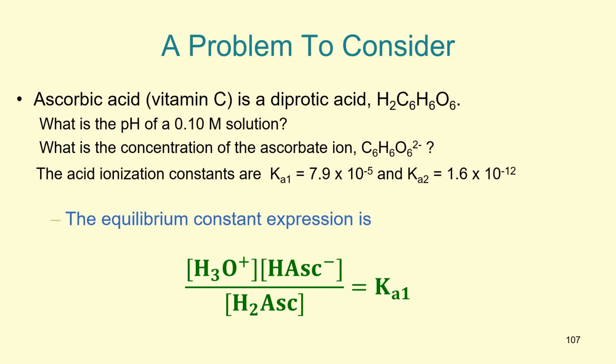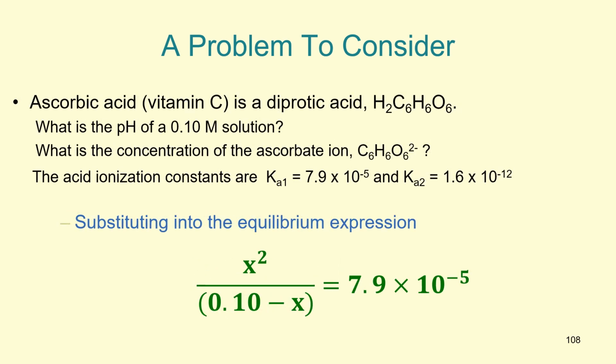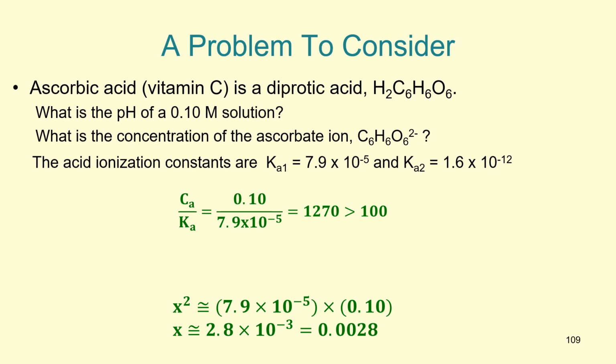Also note that Ca over Ka is greater than 100, so there's our equilibrium expression to solve for X, and it's 0.0028.